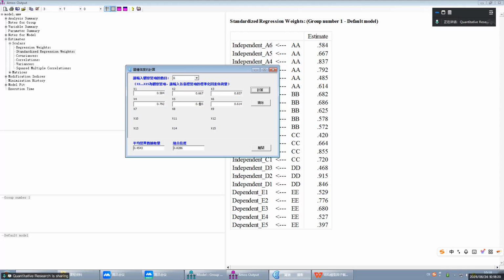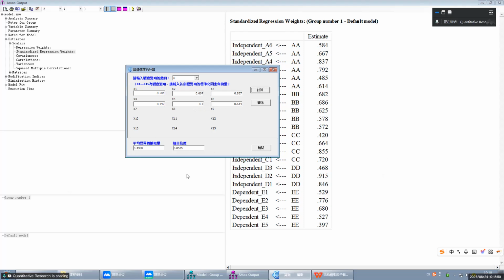Suppose we do not delete this one. So we use another large factor loading. Suppose it is 0.7. Let's see.